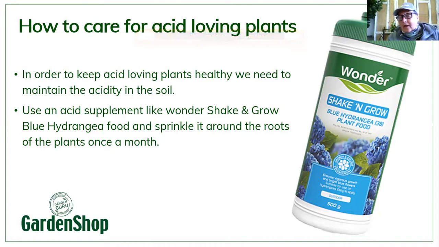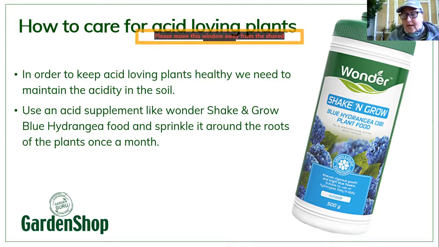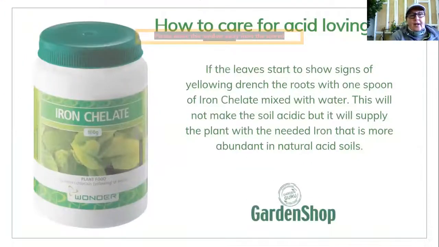As I said, over here, you do get a Shake and Grow pink hydrangea food, but I just use the blue one, and the blue one you would use for all your other acid-loving plants like your gardenias, camellias, azaleas, etc. as well. So once a month, sprinkle that around the roots and water it in order to maintain that acidity.